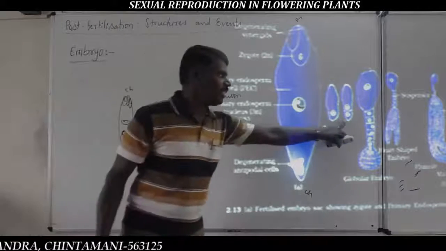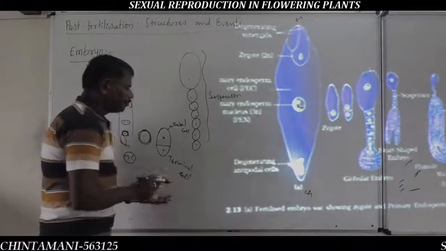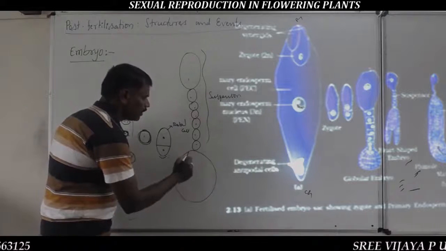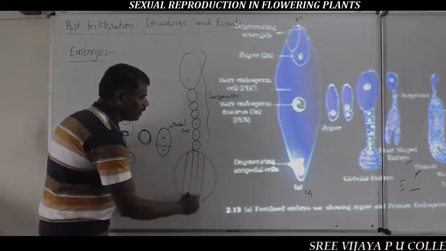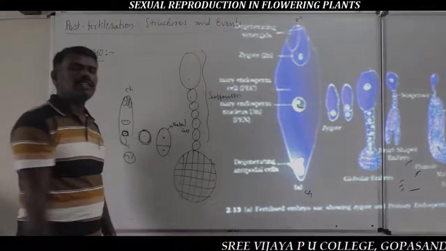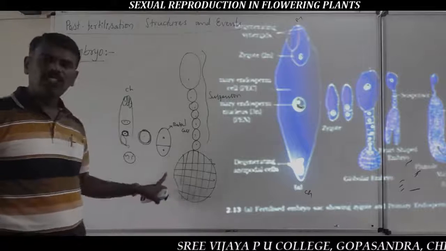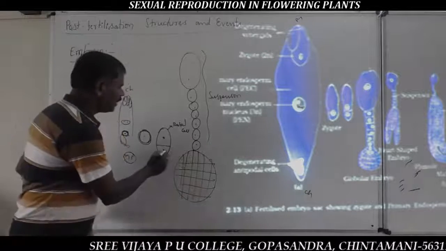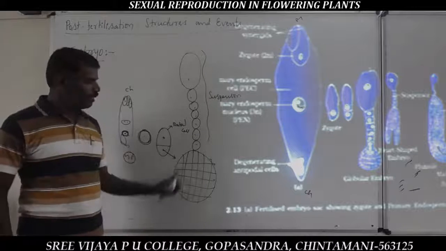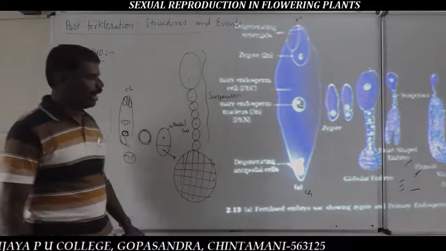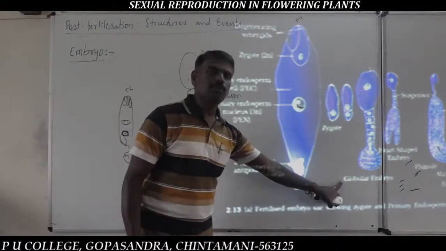The other cell, the terminal cell, divides first vertically and later horizontally. A mass of cells is formed, a spherical shaped structure called the globular embryo.